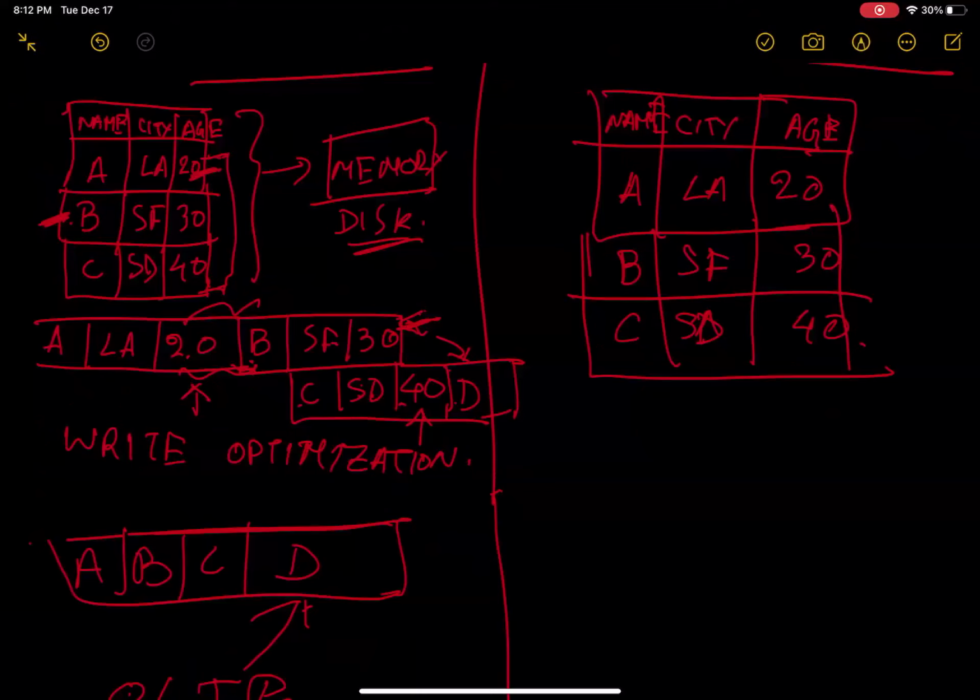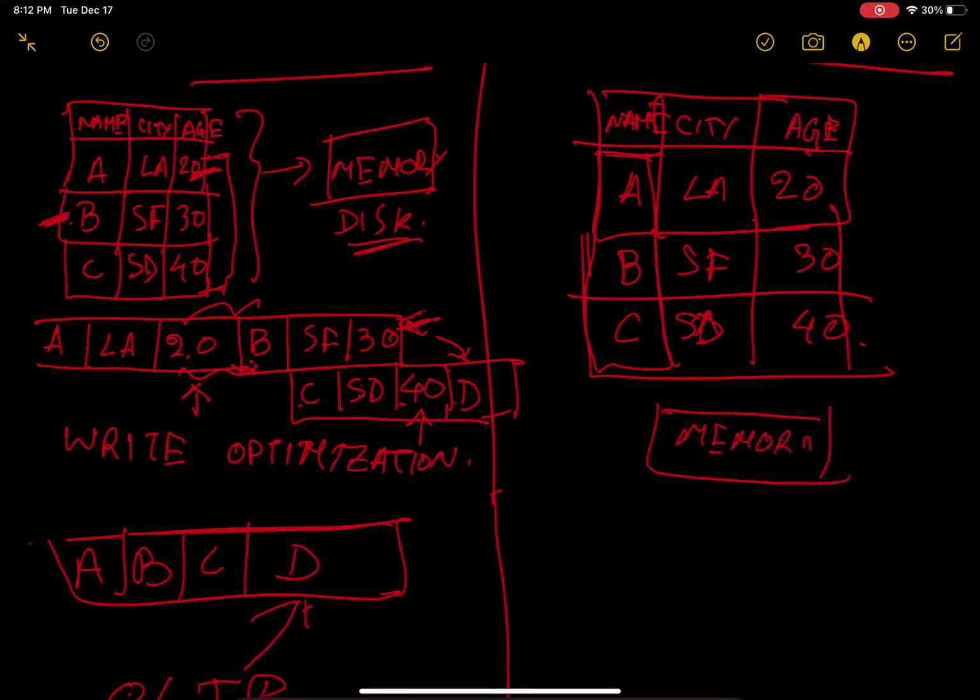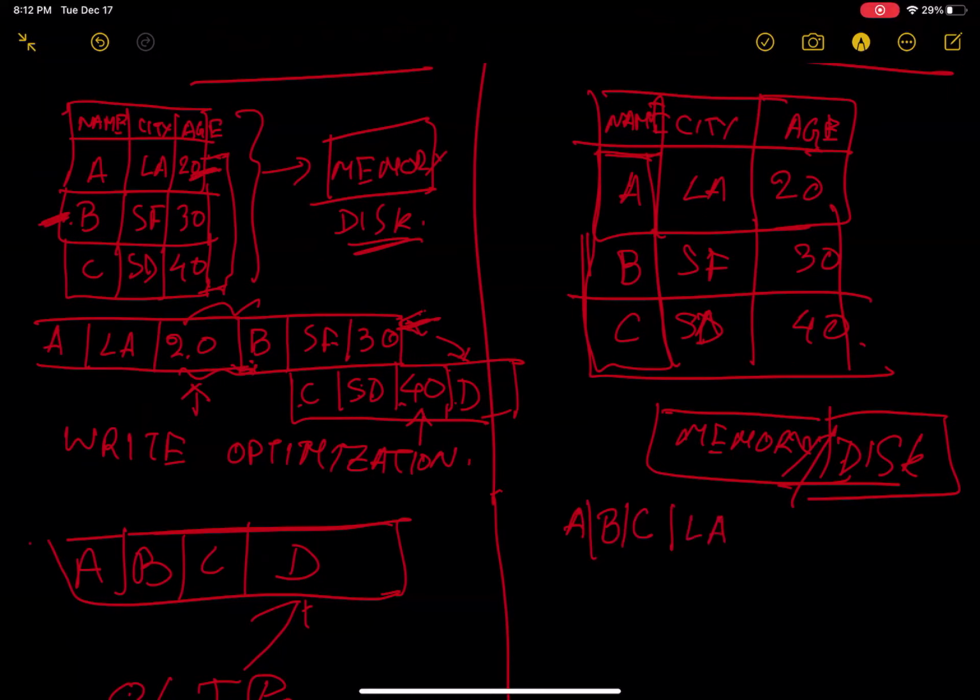How will this be stored? In a columnar database, the storage will be by column, which means similar values sit together. Sorry, I keep calling it memory and disk. Actually, this is disk. Memory is the RAM. Don't think of it as memory, just think of it as disk. So on disk, how will it look? It will look like this: A, B, C, then LA, SF, SD, then 20, 30, 40.